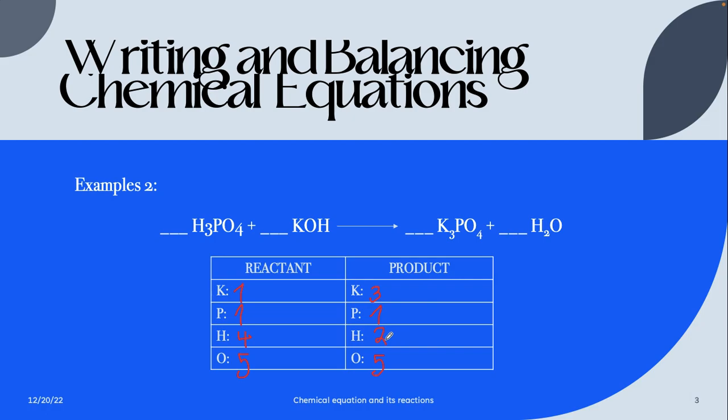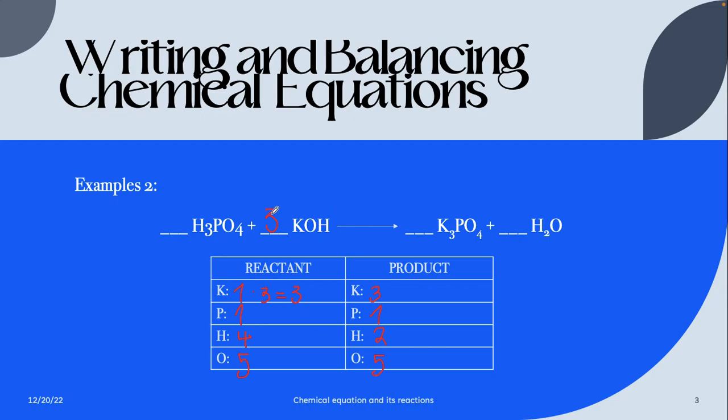So the first thing we're going to do is balance the potassium. We're going to multiply the reactant by 3 to make them both equal. So this will equal 3. So we're going to place our 3 up here. And as was said, whatever is placed here will affect the other two.